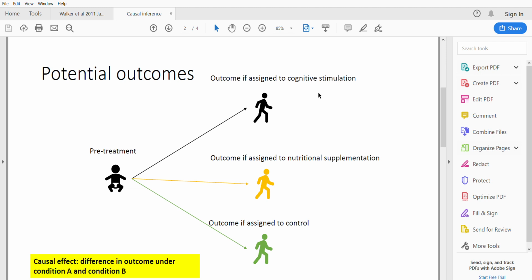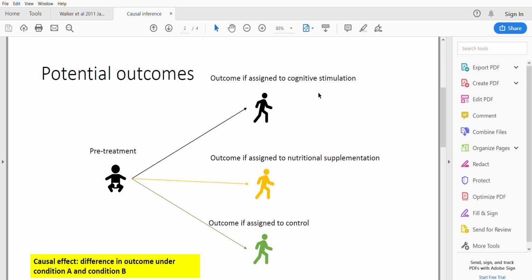And if we had assigned the child to nutritional supplementation, she or he would have had a different outcome at the follow-up, a different score on the math test, maybe higher, maybe lower. And similarly, had this child been assigned to the control condition, there would be yet another outcome that we would therefore have observed about them.